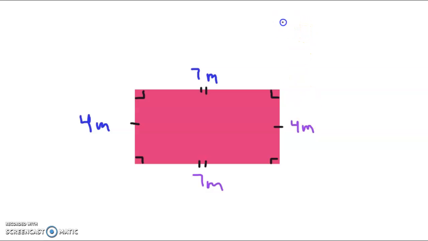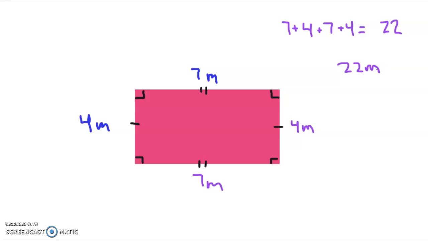So we do 7, which is the length, plus 4, which is the width, plus 7, again, which is the length, plus 4, which is the width, which equals 22. So we can say that 22 meters is the perimeter of this rectangle.